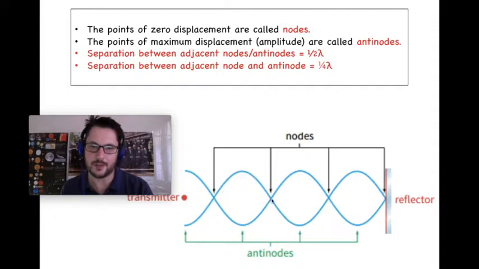So half a wavelength is the distance between adjacent nodes. The separation between a node and an antinode is a quarter wavelength. So one node here and an antinode, and of course that is a quarter wavelength distance. We can also say that the phase difference between a node and an antinode is 90 degrees, or pi over 2 radians.